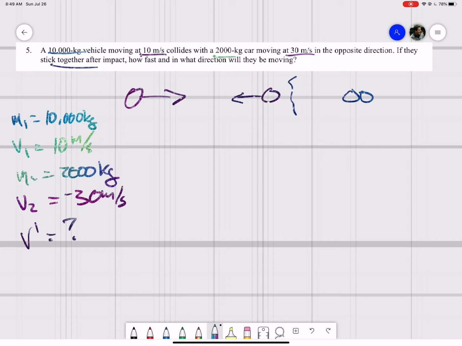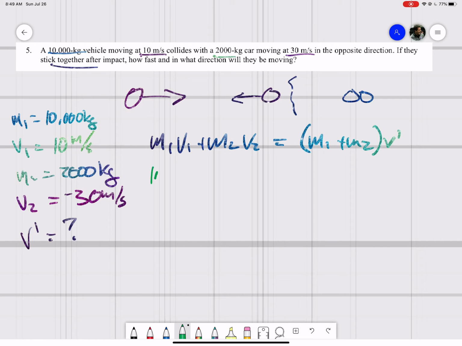Our inelastic collision equation is M1 V1 plus M2 V2 is equal to M1 plus M2 times V. So we can plug and chug.